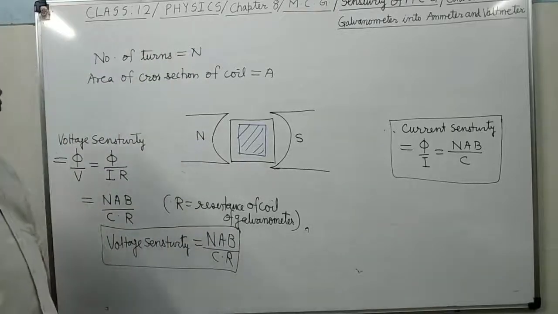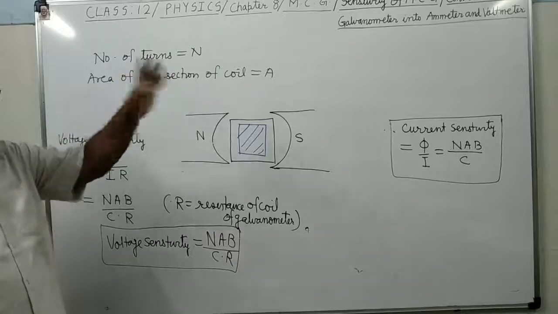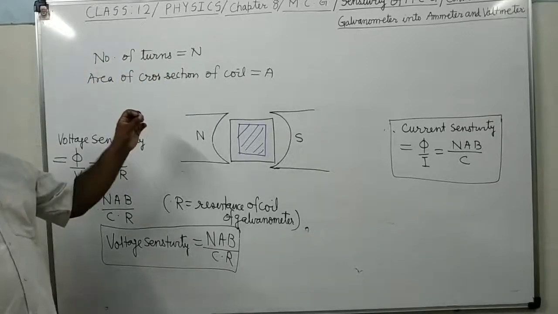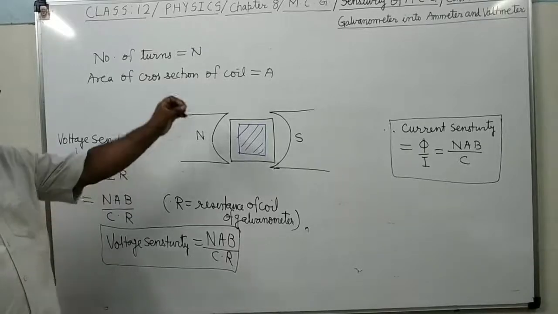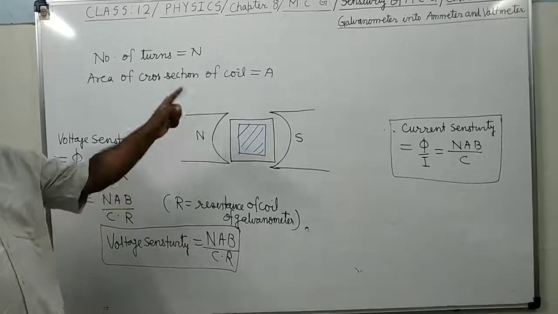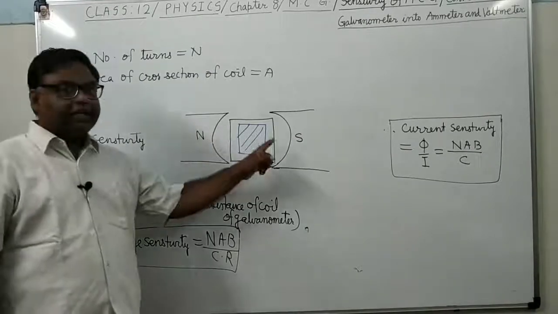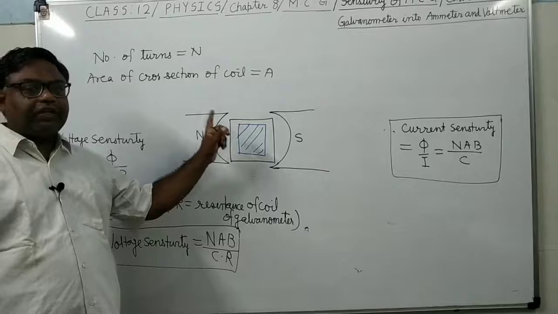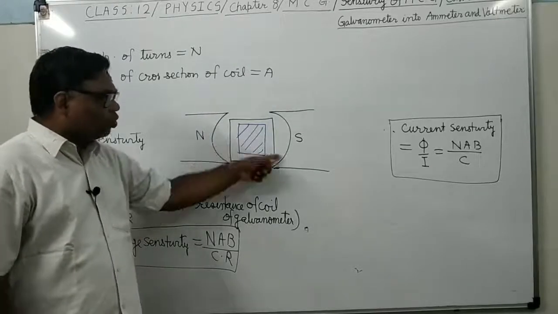So the value of current sensitivity can be increased by increasing N, A and B. N and A we cannot increase to a very high value. That's why B is increased this way. By using concave cylindrical magnetic pole pieces which produce a radial magnetic field, very strong at the location of the coil, because all lines of force are going through this way.